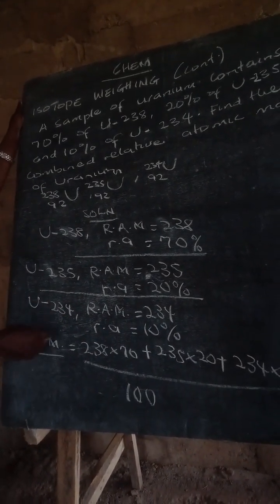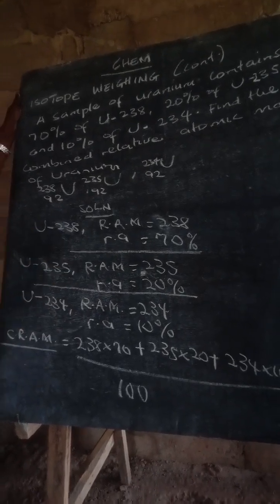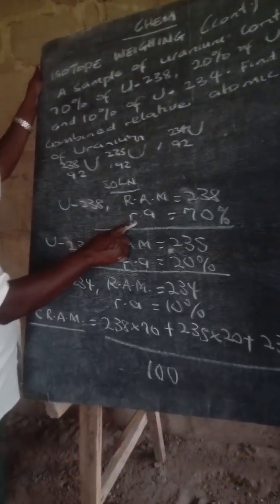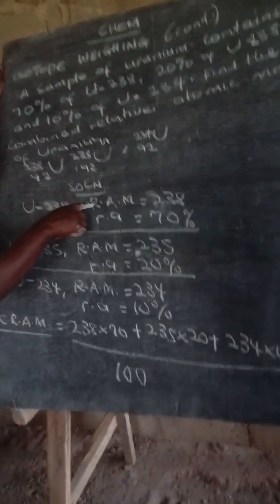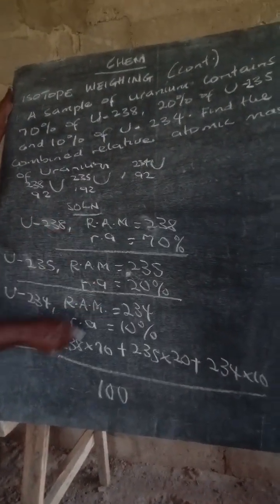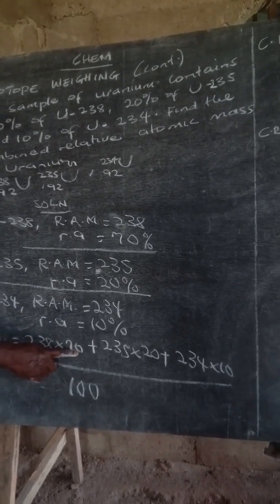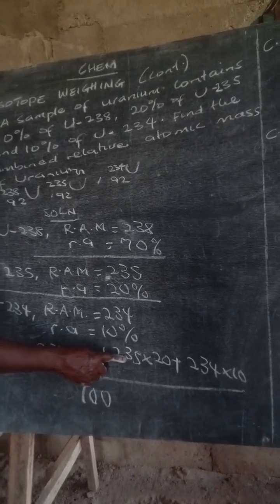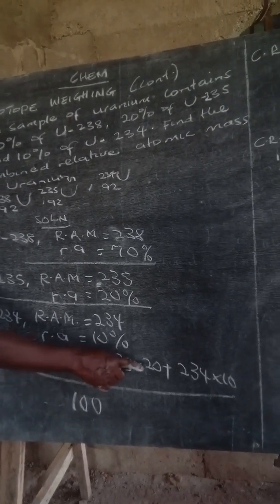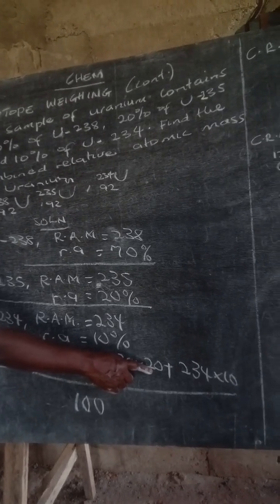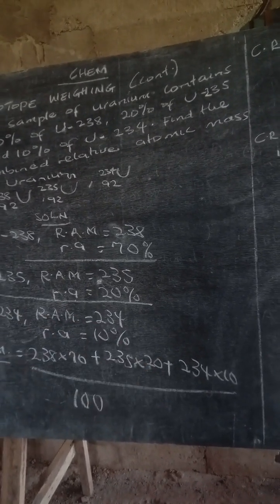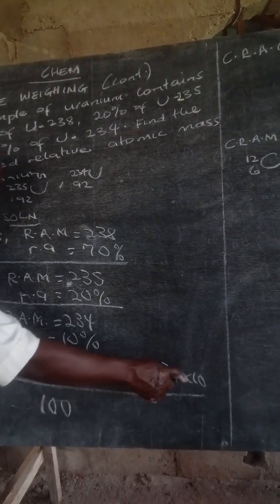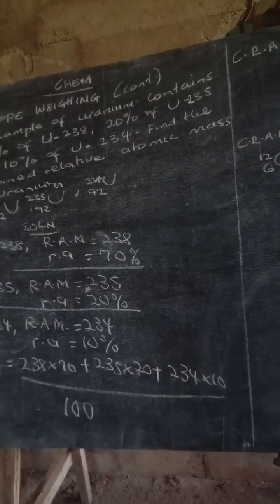So, what will be the combined relative atomic mass? The formula is in the other note: relative atomic mass of an isotope times relative abundance of that isotope, plus relative atomic mass of the second isotope times relative abundance of that isotope. Then, if there are more than two isotopes, relative atomic mass of the third isotope times relative abundance of the third isotope.